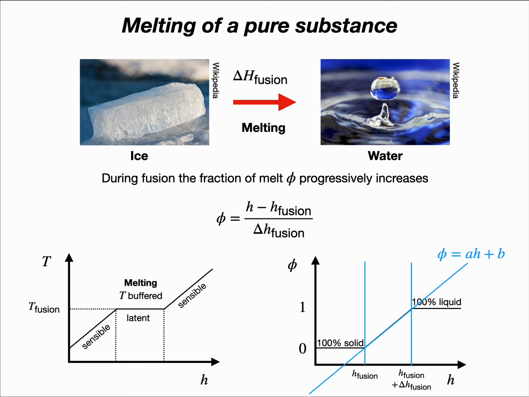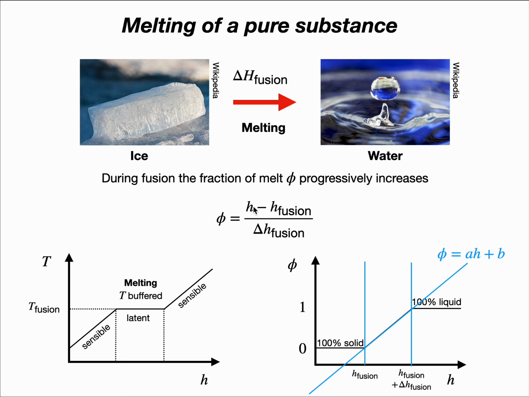How to calculate this? You can, for example, do a linear fit of this transition. This is phi, this is H. So we have 0, here we have 1, and there will be a linear transition. Phi is AH plus B. If you calculate the coefficients A and B, you will end up with a linear function.